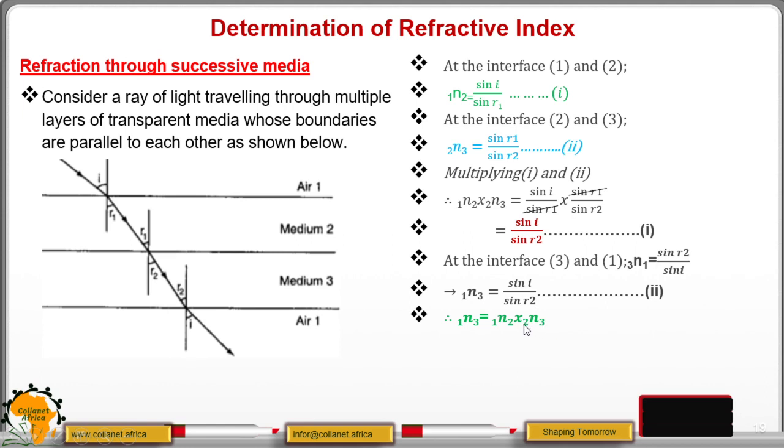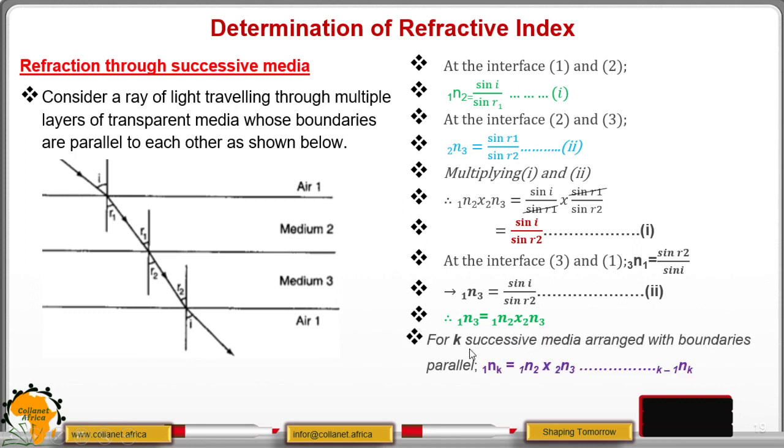Note that this 2 is the same as 3 minus 1. Therefore, for k successive media arranged with boundaries parallel, the refractive index of k with respect to 1 will be the product of all the refractive indices until you get the refractive index of k with respect to k minus 1. This is our conclusion.